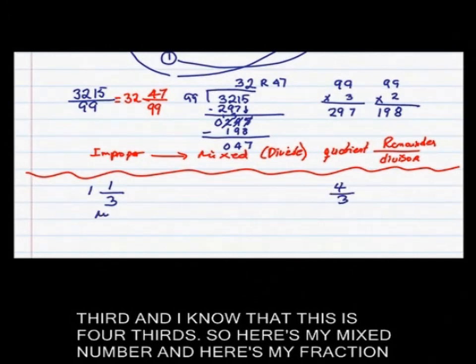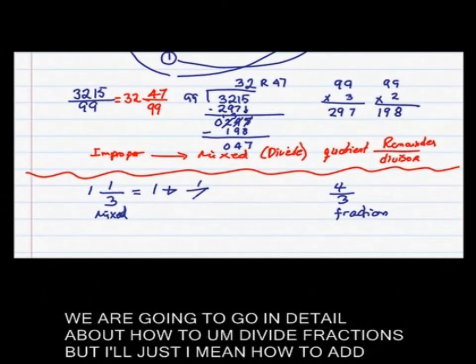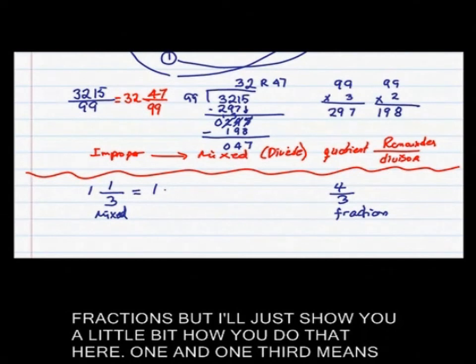So here's my mixed number, and here's my improper fraction. How do I get to thirds? 1 and 1/3 actually is 1 plus 1/3. We are going to go in detail about how to add fractions, but I'll show you a little bit how you do that here.